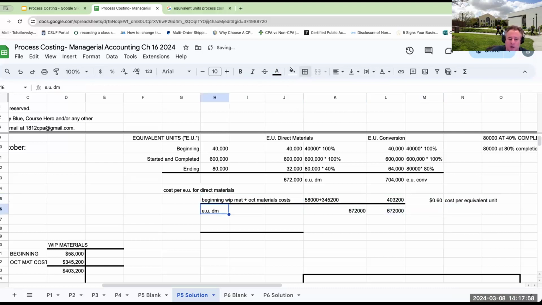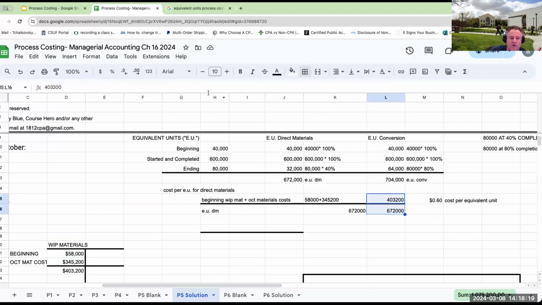So that's my cost per equivalent unit for direct materials. I'm taking both the beginning, since it's a weighted average, plus my October's materials cost, which is 403,200.